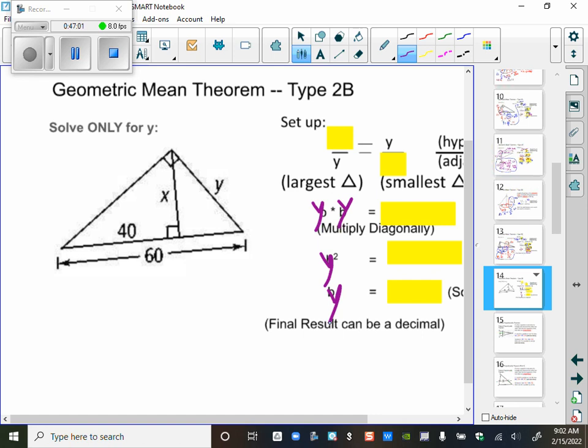Okay. What's given to us? We have to solve for a y. Don't even worry about this x. Scratch that out. This doesn't even exist. So is the y the right or the left slant? Right slant.